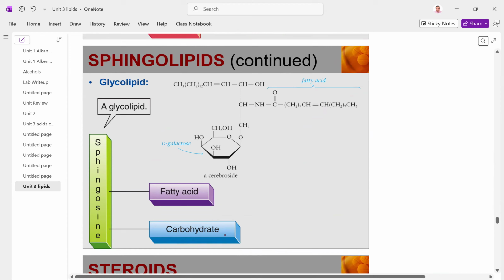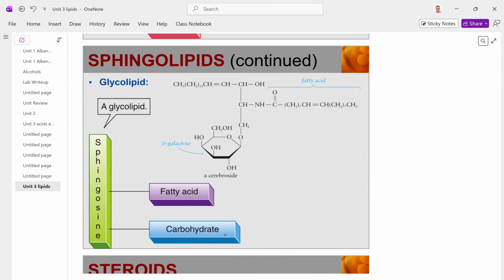Now I want to talk about this a little bit more. As you know, carbohydrates have a lot of OH groups, so they can interact with various things that include a fatty acid and other things.